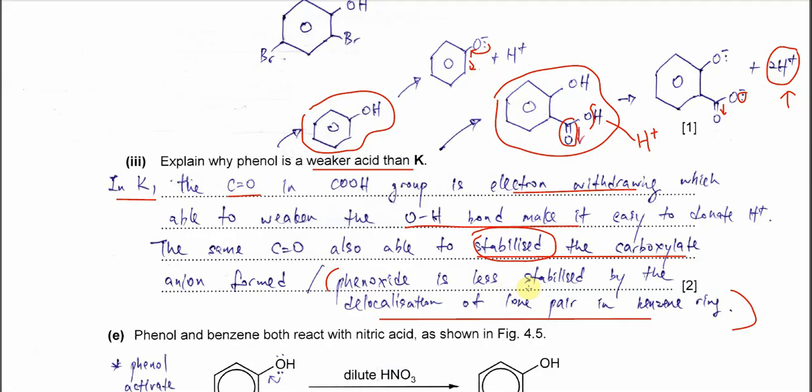The effect of the stabilization is lesser, so it is less stabilized. The stabilization effect on the carboxylate ion is stronger, is better. That's why it's less reactive, more stable. This one is not really necessary to put in, as long as you put weakened OH bond and stabilized carboxylate, then it's good.